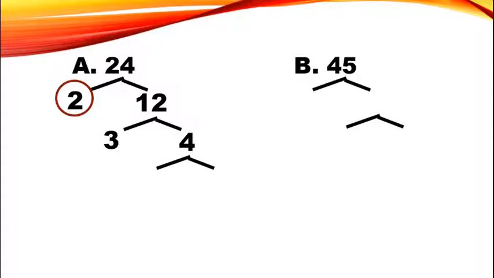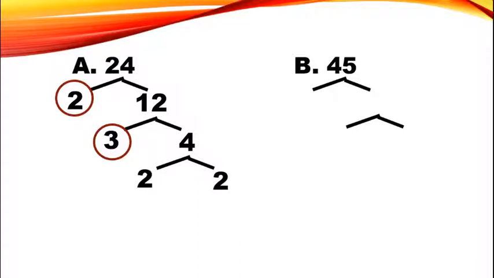So 3 is a prime number, so we'll encircle it. How about 4? 4 is a composite, so we need to find another factor pair to get 4. Okay, 2 times 2.